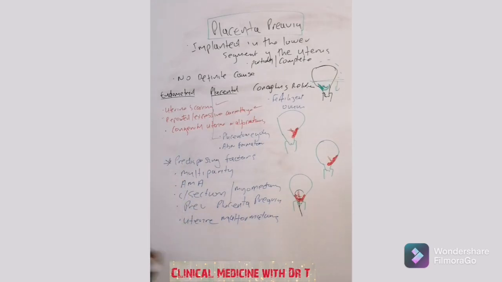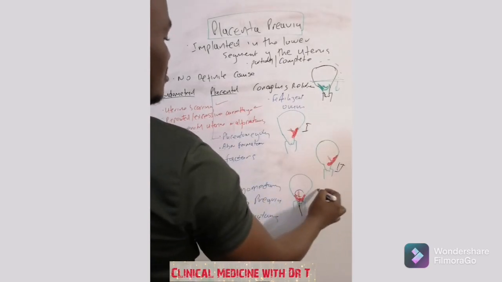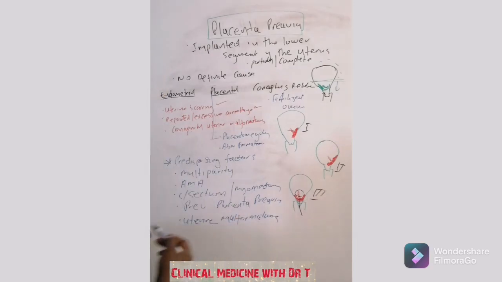Okay, so this is your grade 1, your grade 2, your grade 3 placenta previa. So how will a patient with placenta previa actually present? Like we said, it's going to be that patient who's pregnant. They come in, they've got PV bleeding.